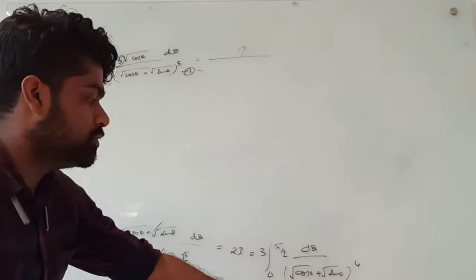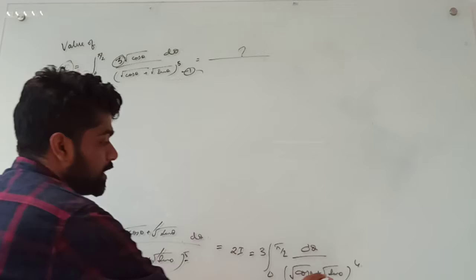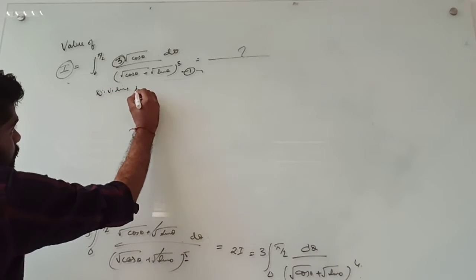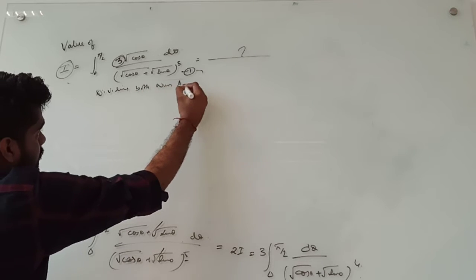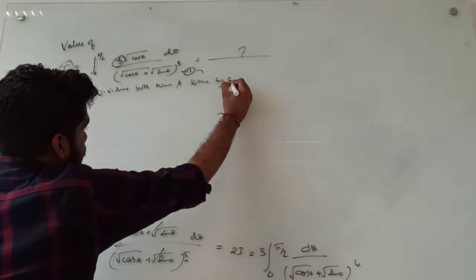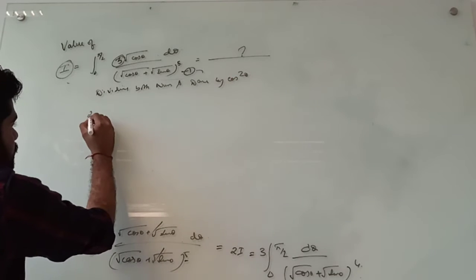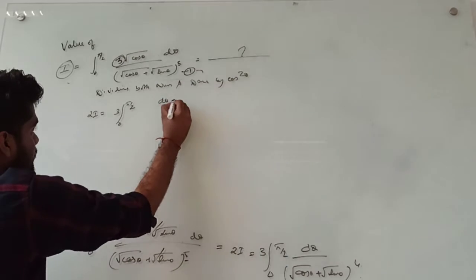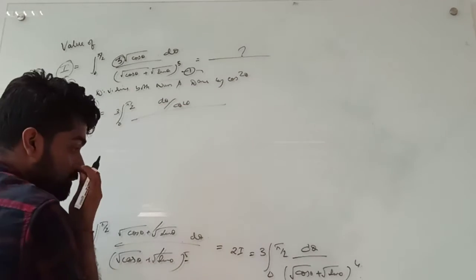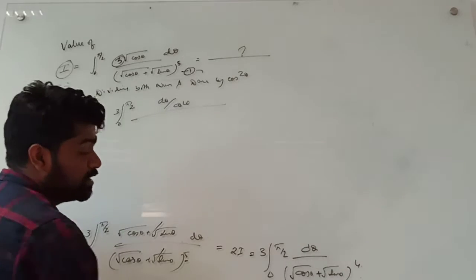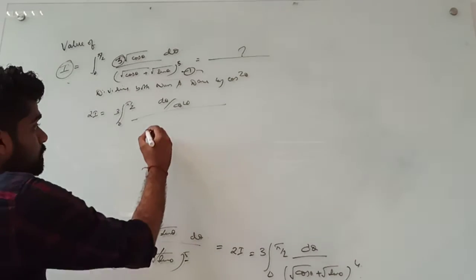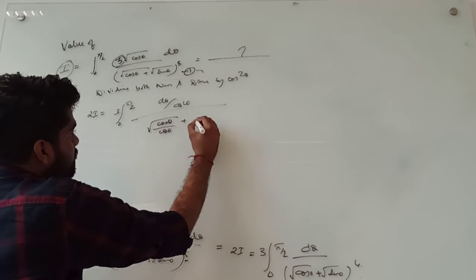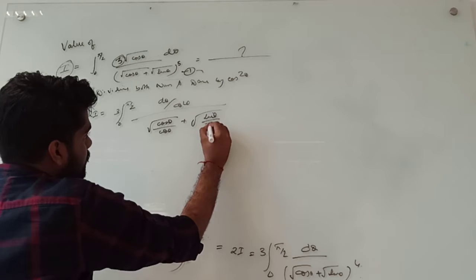From here, in this step, we divide both numerator and denominator by cos square theta. So we will get 2I is equal to 3 integral 0 to pi by 2 d theta by cos square theta divided by, now see, this is root of cos theta, if cos square theta goes inside it will become cos theta, so it will become root of cos theta by cos theta plus root of sin theta by cos theta.